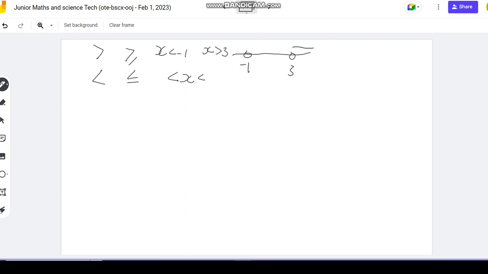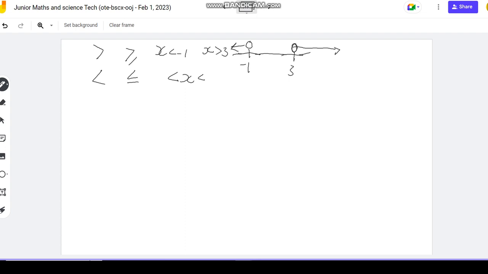This will just go like this. This here won't be dotted, but it will just be opened like this.